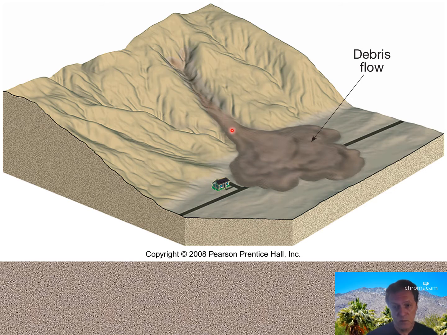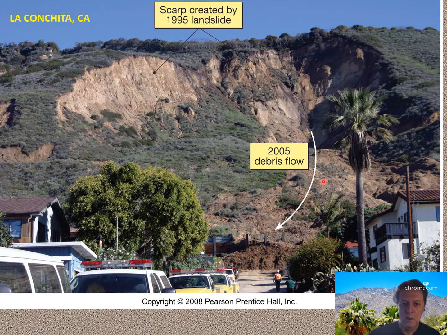These can be very fast moving. They can be quite dangerous. They can be injurious to life and property. And in a winter with heavy, intense rainfalls that we occasionally get here in Southern California, they can cause a lot of damage, as you'll see here in the community of La Conchita, a coastal community.